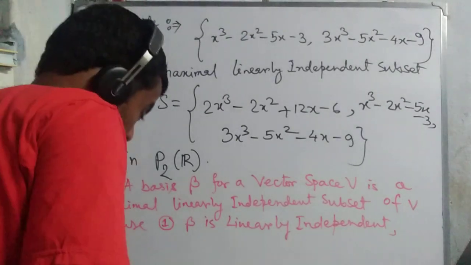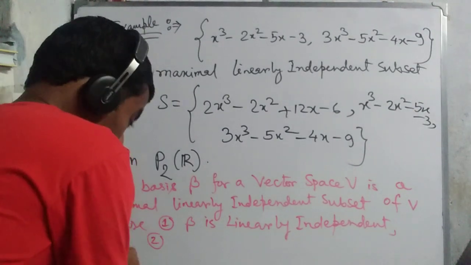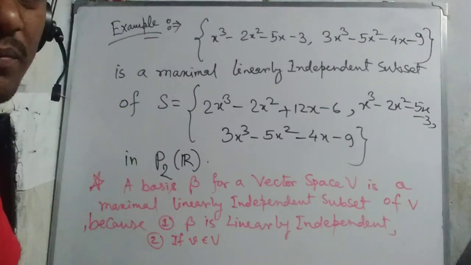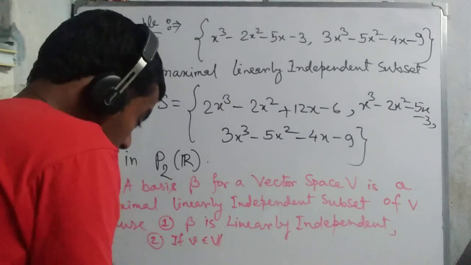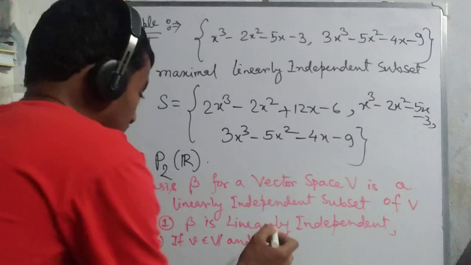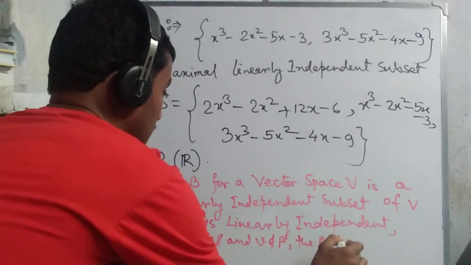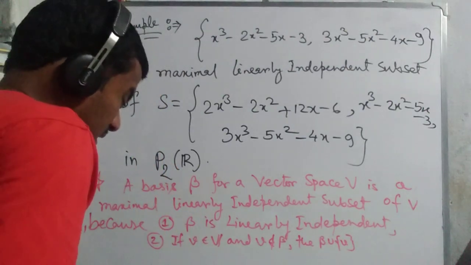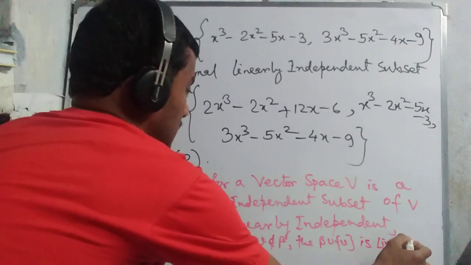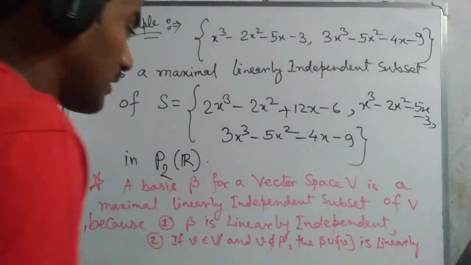Why is beta maximal? And again we write it here, second option: if v belongs to this vector space V and v does not belong to this beta, then beta union v is linearly dependent, understood?